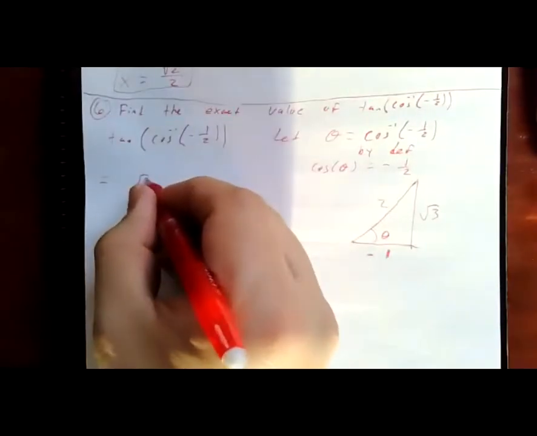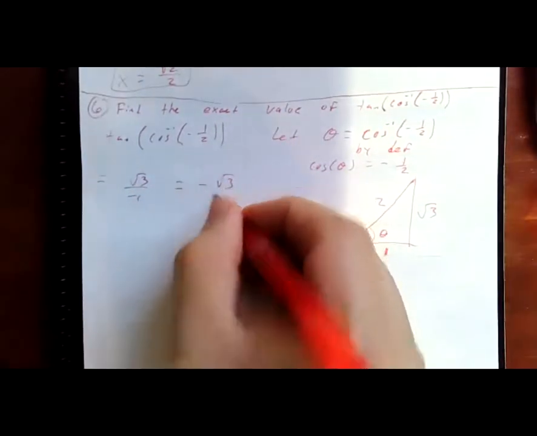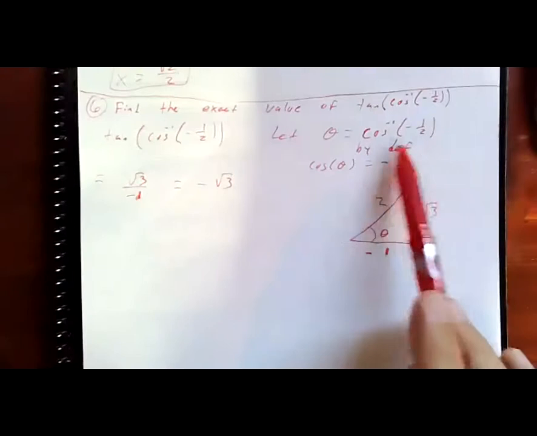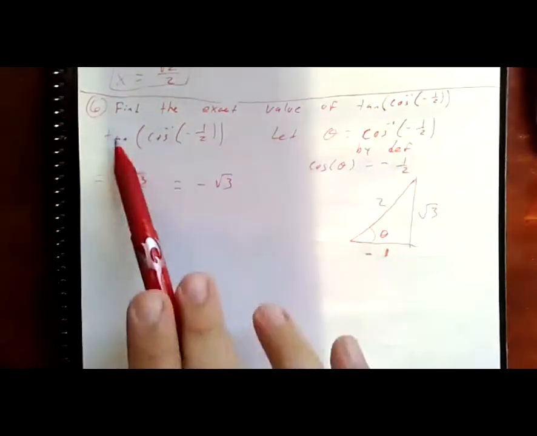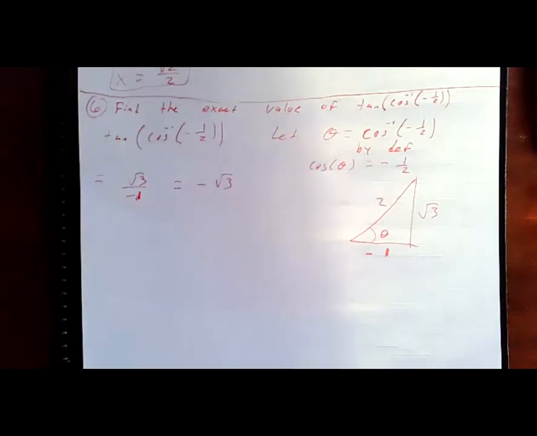So that would be equal to square root 3 over negative 1, which is negative square root 3. So that would be your answer. So use the inside part to create the triangle, and then answer the question, what is tangent? That's all you have to do. Any questions on number 6?